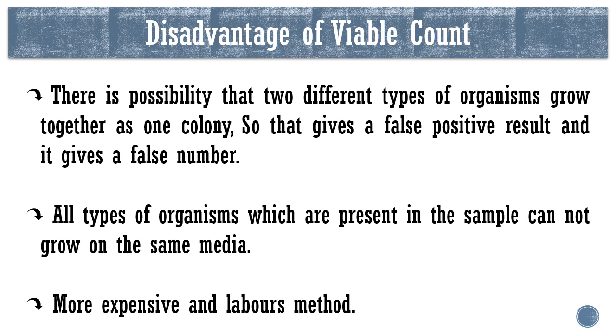And the major disadvantage is that not all the organisms in the sample grow on the same medium. For example, in the sample there is more than one organism present, like more than 100 or thousands of organisms, but not each and every organism can grow on the same medium, because each organism has different nutrient requirements.